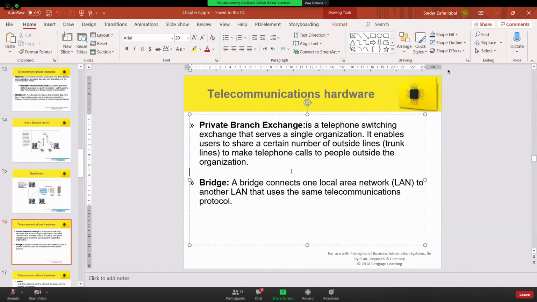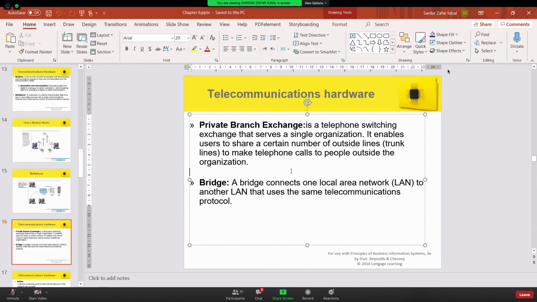Okay, next is the bridge. This is another device. As its name shows, bridge. What is the purpose of a bridge in general? We have a bridge connecting two places, like the Bahrain Causeway.